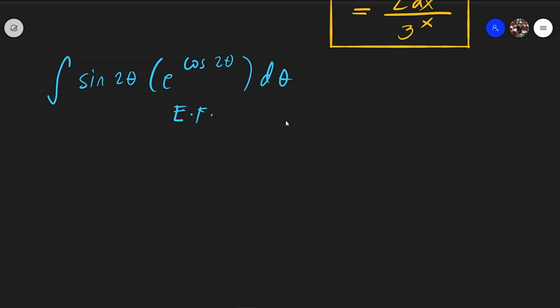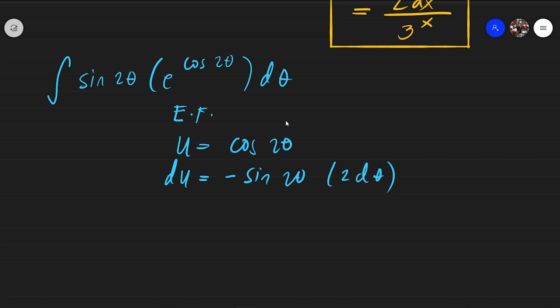Of course, you have to identify your u first, and your u is cosine 2 theta. If you get the differential of cosine 2 theta, this is equal to negative sine 2 theta, and the differential of 2 theta is 2 d theta. So du is negative 2 sine 2 theta d theta.